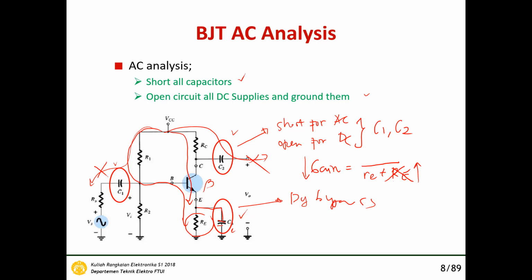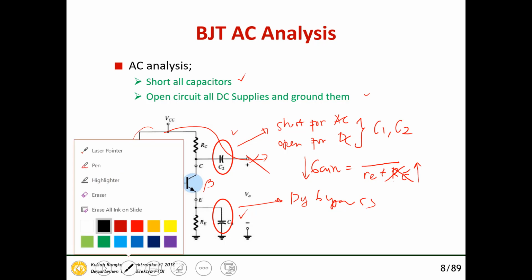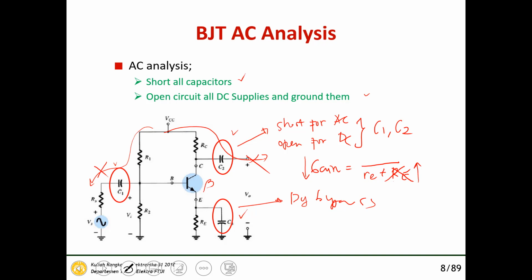So if we perform the AC analysis here, the emitter resistor will be neglected, and we don't calculate the gain using the emitter resistor, because we use the bypass capacitor in AC analysis, so we can ignore the emitter resistor. Okay.